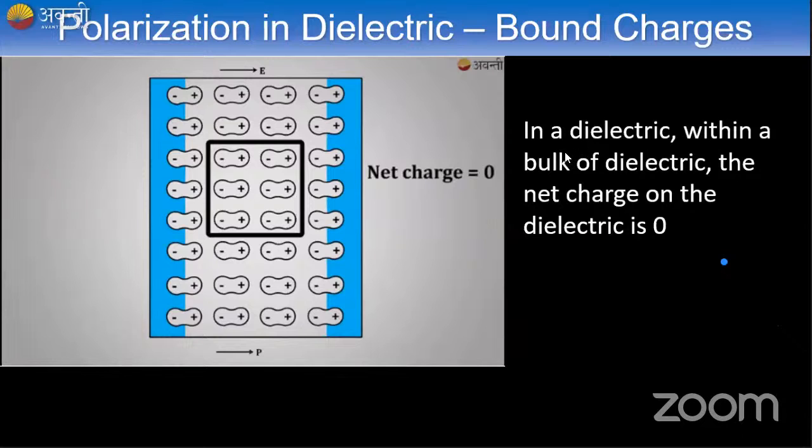Inside the dielectric, in any region, the net charge would be zero. Next, what happens on the boundary?